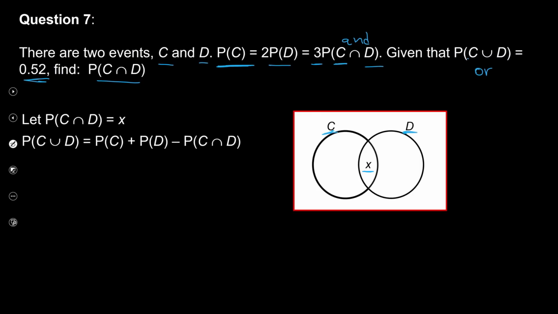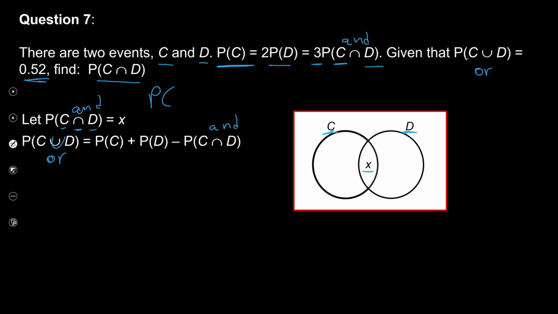Now, we know that the probability of C or D, C intersection D means AND, and the union means OR. Are we together?